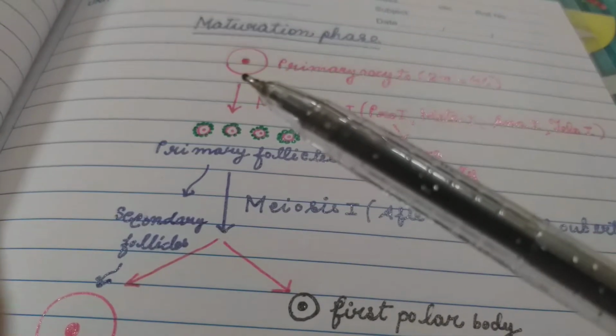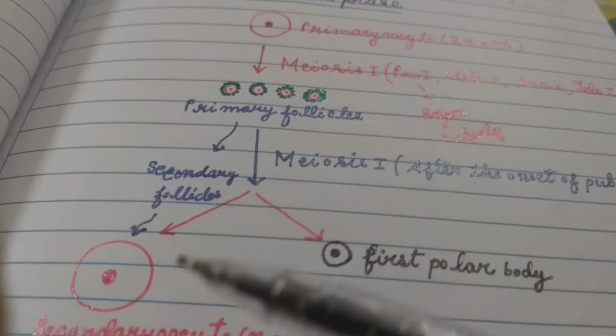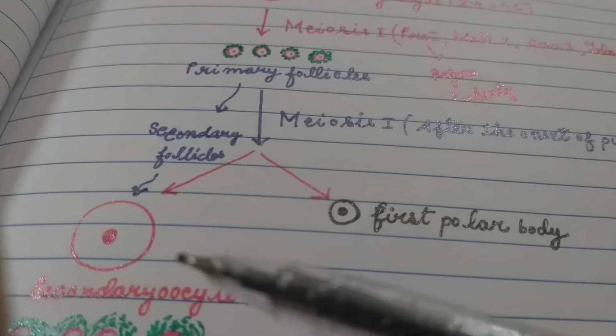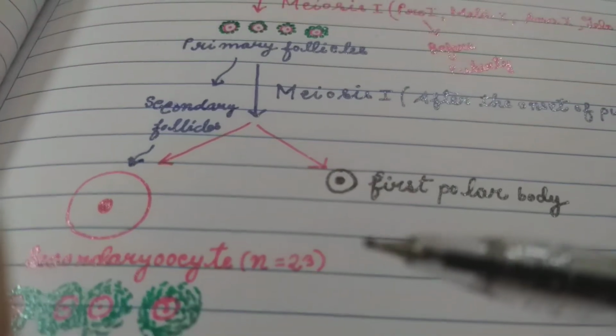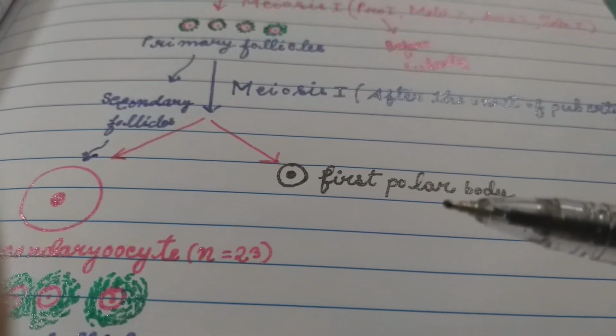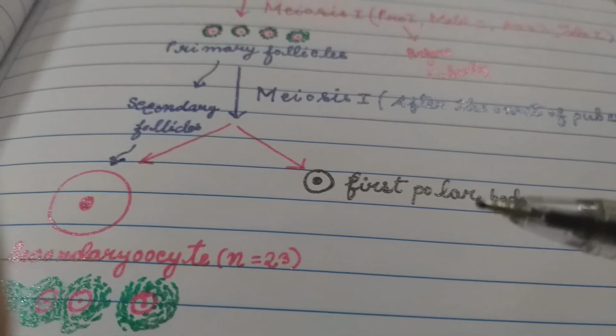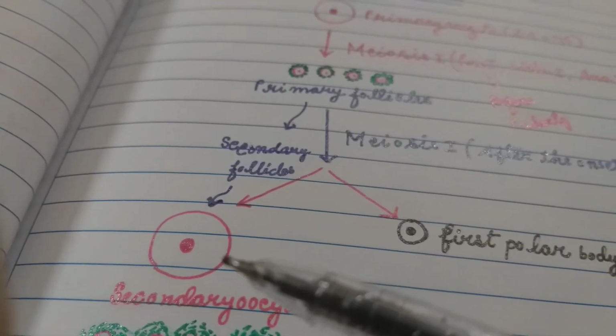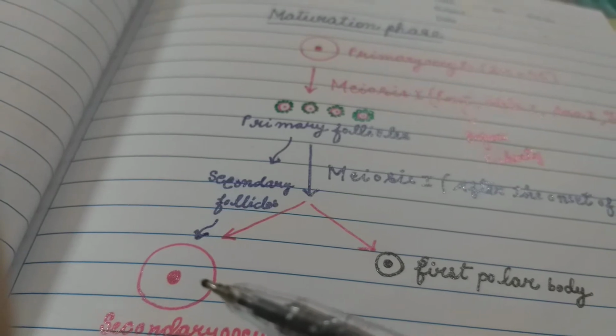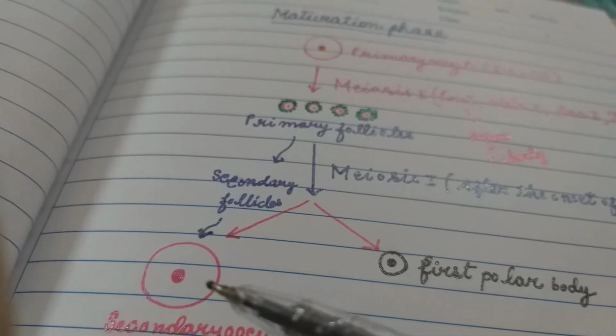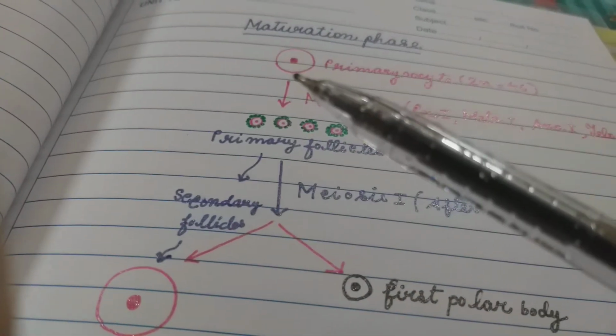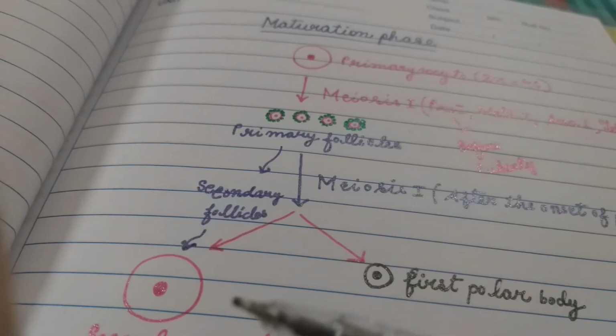The primary oocyte is divided unequally into a larger haploid secondary oocyte and a smaller haploid first polar body. The secondary oocyte is larger because it obtains most of the nutrients of the primary oocyte.